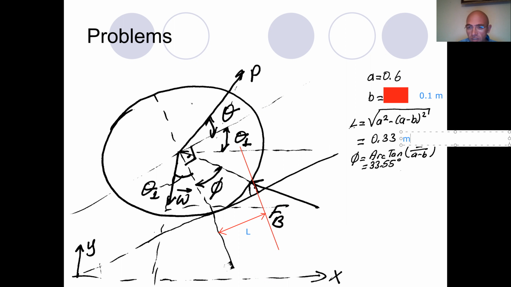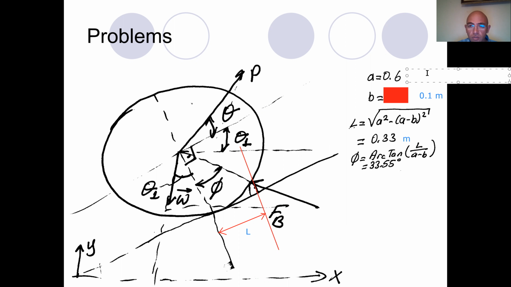Don't forget the units as I did. So of course, this is 0.6 meters. So simply it is A square minus A minus B square, and that's equal to 0.33 meters.